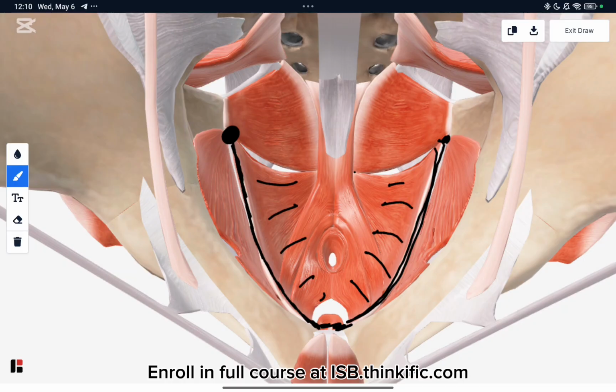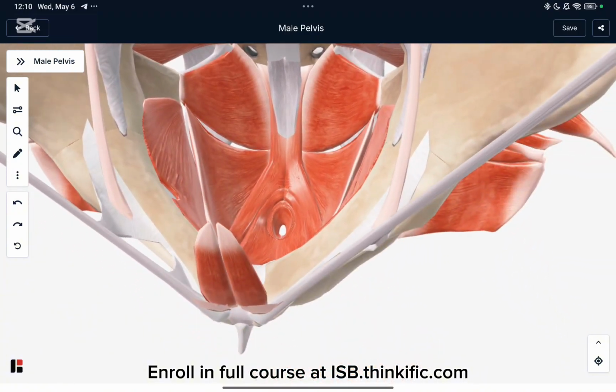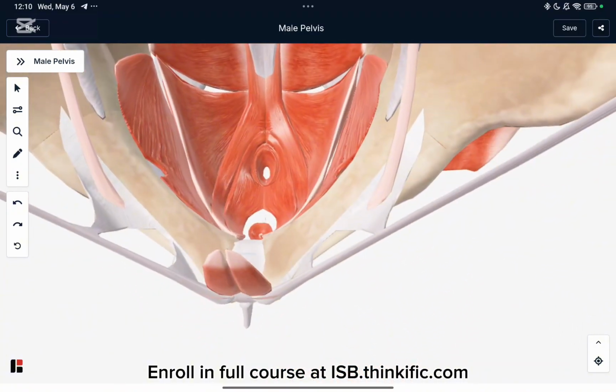They meet each other along the midline raphe. Of course, you have to know that they are not horizontal. As you can see, they kind of dangle down.